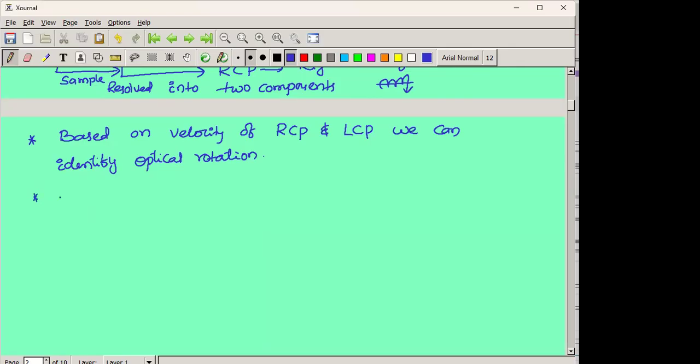For example, in a sample the velocity of RCP is maximum. Then the sample is which kind of rotation?